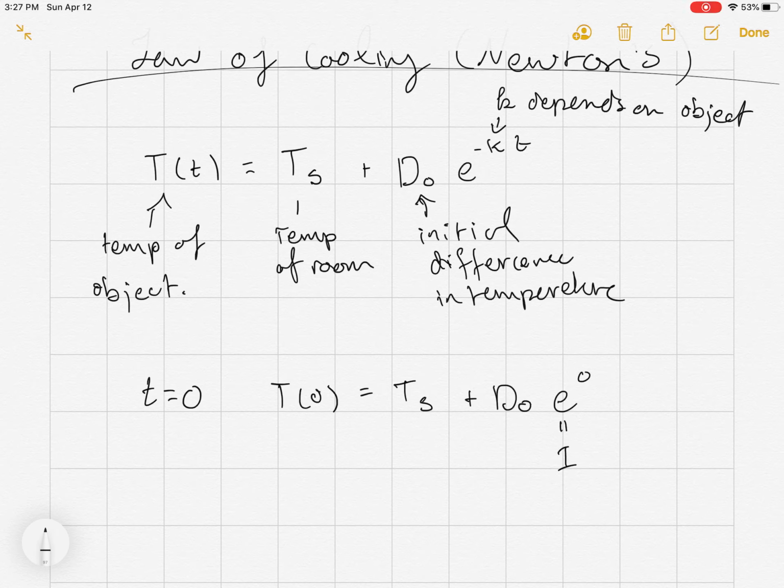And this is the initial temperature of the object, because obviously that's going to change. So that makes sense. When we first set the object down in the room, the initial temperature should be the initial temperature of the object.